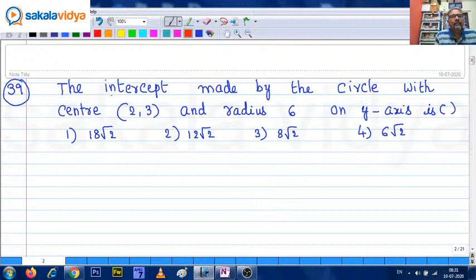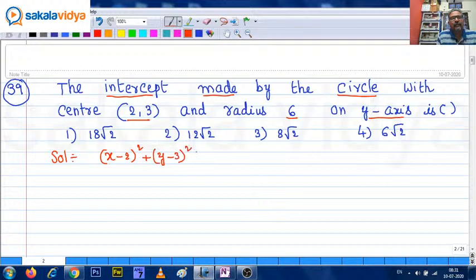The intercept made by the circle whose center is at 2, 3 having radius 6 on the y-axis. That means first find out the equation of the circle, in center form. X minus 2 whole square plus y minus 3 whole square equals 6 square.